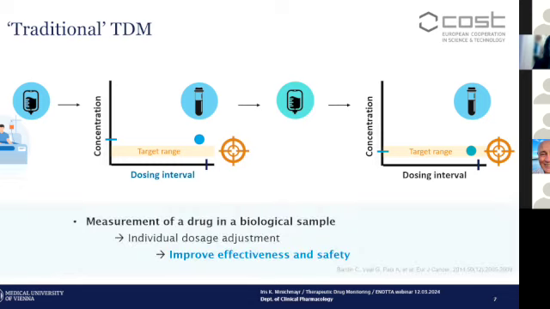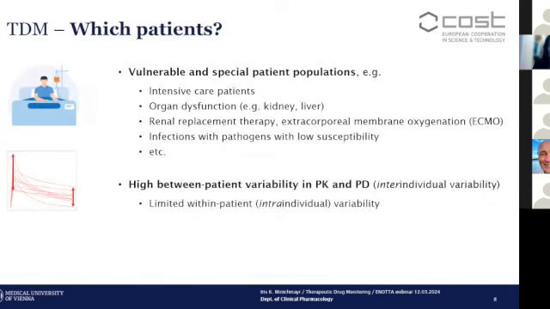So to summarize, traditional TDM involves the measurement of a drug or other parameter in a biological sample and a subsequent individual dosage adjustment to improve effectiveness and reduce toxicity in a patient.